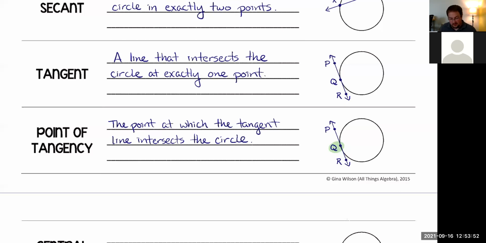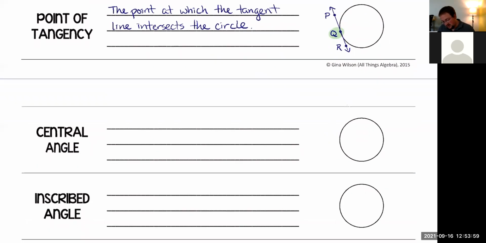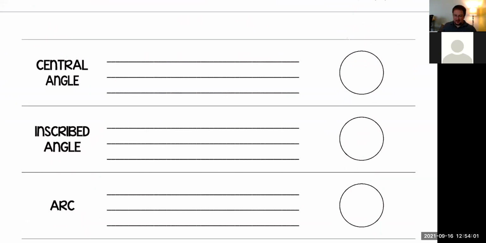So that covers most of the lines and segments involved with a circle. We're now going to transition to talk about what happens when we have angles inside a circle.